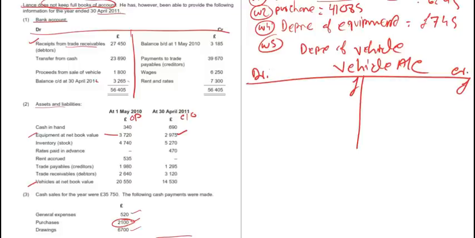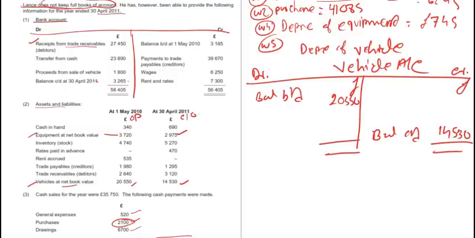Okay, so if given with net book value b/d, c/d, b/d on the debit side, c/d on the credit side, the other side it becomes b/d.